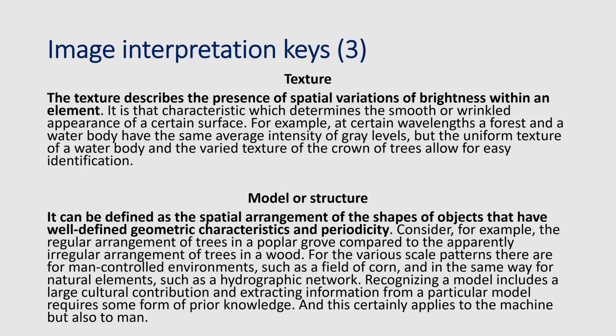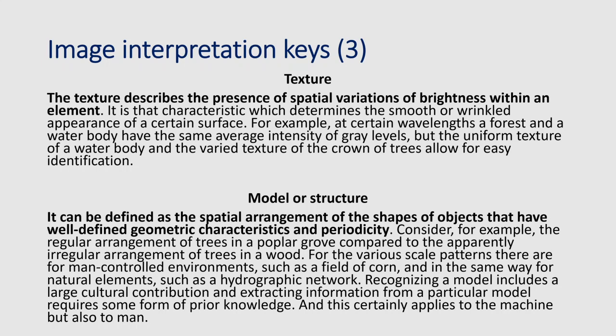So, just giving another example that is very easy, for example, for people coming from this region, Piedmont: when we are approaching vineyards, you can easily catch a model because the vegetation is arranged in lines, especially in the hilly part of the southern part of the region of Piemonte.